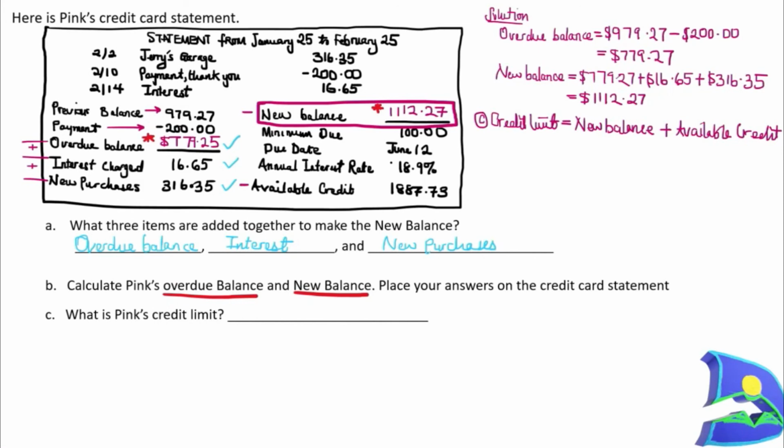So the available credit that is left is $1,887.73, which means that available credit is how much you still need to spend before exceeding the credit card limit. So if you add that to how much you've spent already from the limit, which is the new balance, $1,112.27, you will be able to get the credit limit, which in this case here is $3,000.